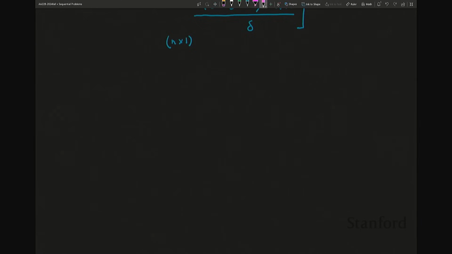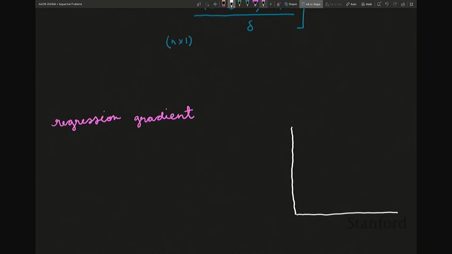So the next method that we're going to talk about is called the regression gradient. This may have come up in other ML classes that you've taken, but when we do a regression, we have some set of data points, and then we're finding the line that best fits them.